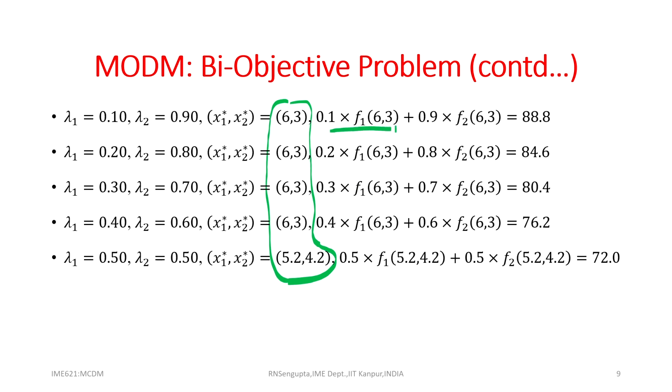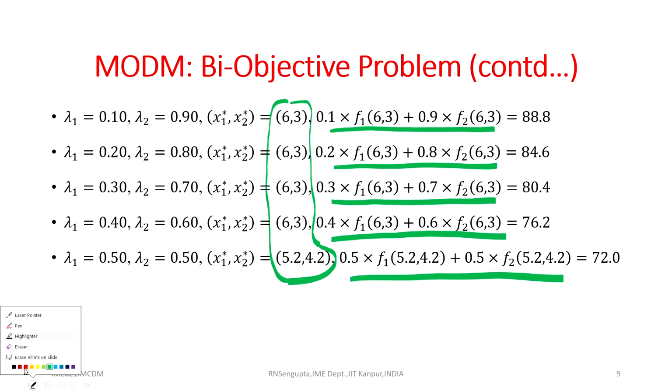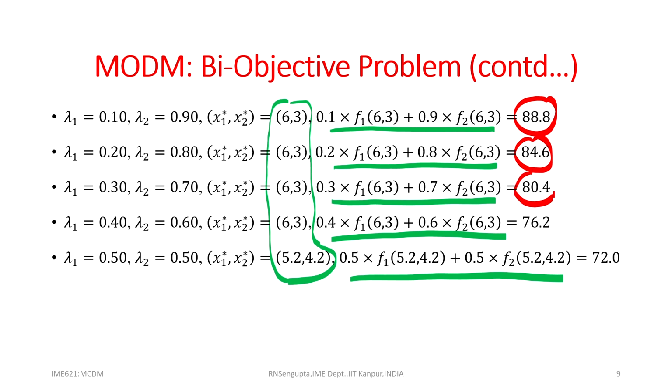So, this is when lambda 1 is 0.1, this is when lambda 1 is 0.2, this is when lambda 1 is 0.3, this is for lambda 1 equal to 0.4, this is the value for lambda 1 equal to 0.5, and the values of this combined objective function by objective case are given as 88.8, 84.6, 80.4, 76.2, 72, and we continue.